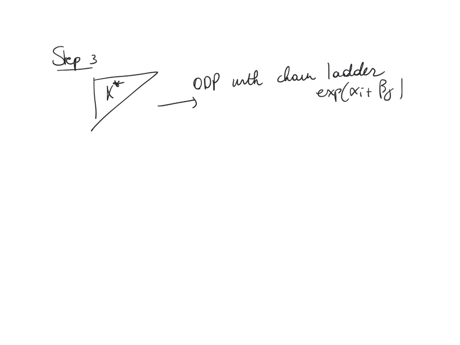So what I get here are new parameters, say alpha star and beta star. Because you started from another triangle, you repeat the estimation of the ODP model, you get new parameter estimates. And with these new parameter estimates, I also get a new point estimate for my lower triangle.